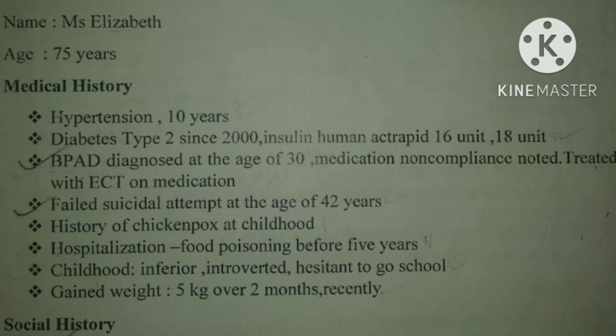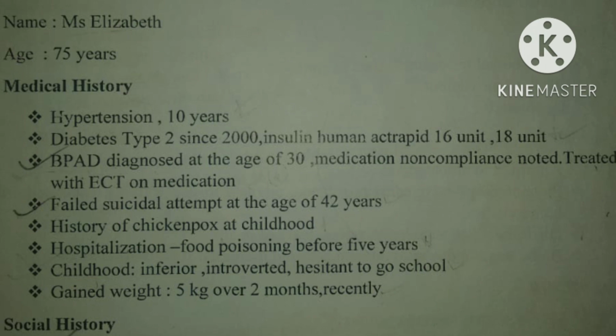So we have to see what information we have to take from this case note and include in this letter. So let's read the medical history. She has hypertension for 10 years, diabetes type 2 since 2000, insulin human actrapid 16 units and 18 units, that is BD.